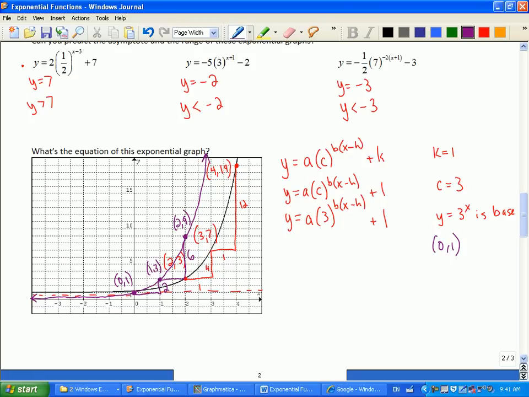Okay, so now we have another value here. And you're not going to find that there is a horizontal stretch factor here.